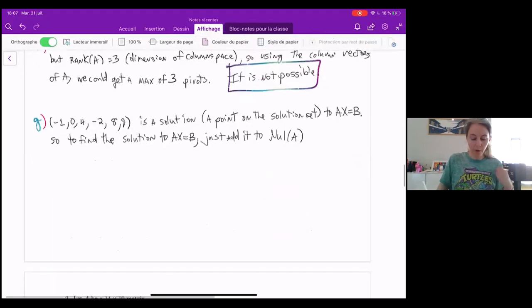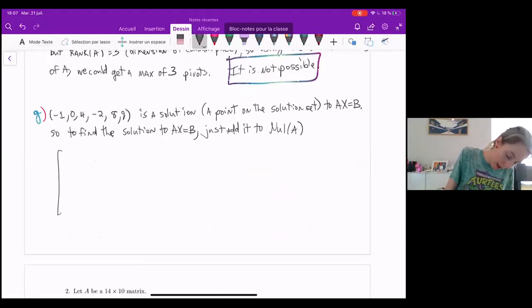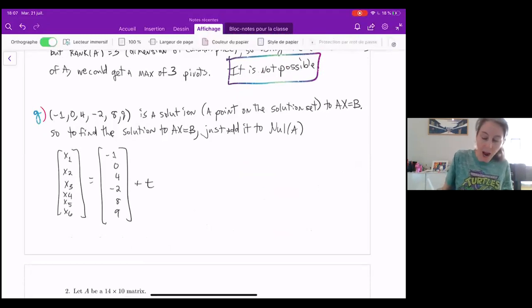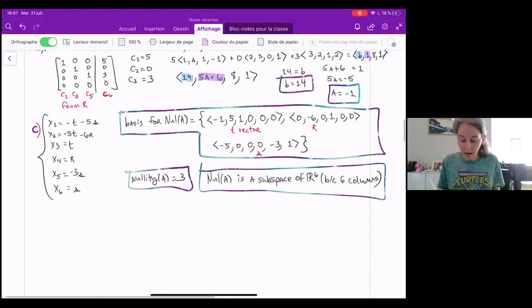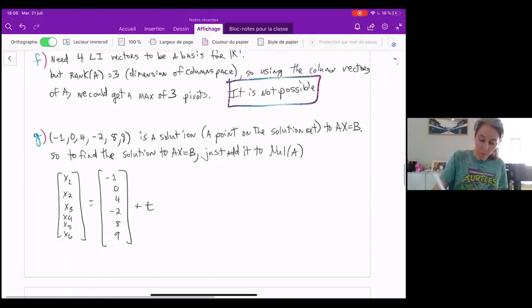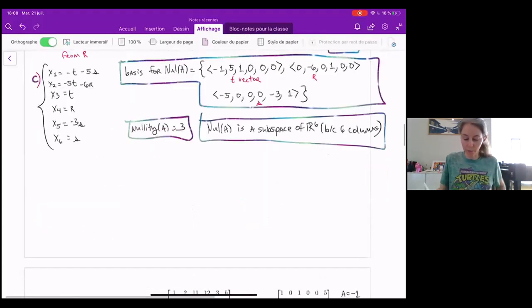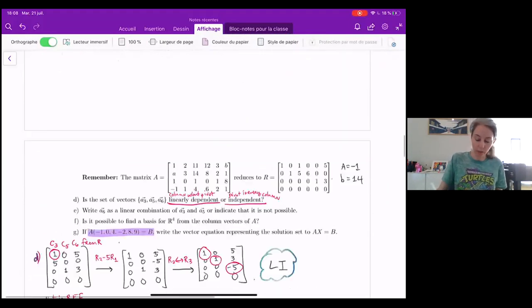Okay, so what we're going to end up with is something that looks like this. x1, x2, x3, x4, x5, x6 is equal to my point, -104, -289, plus t times my first basis vector from the null space, -151,000, plus r times my second basis vector, so 0, -6, 0, 1, 0, 0.